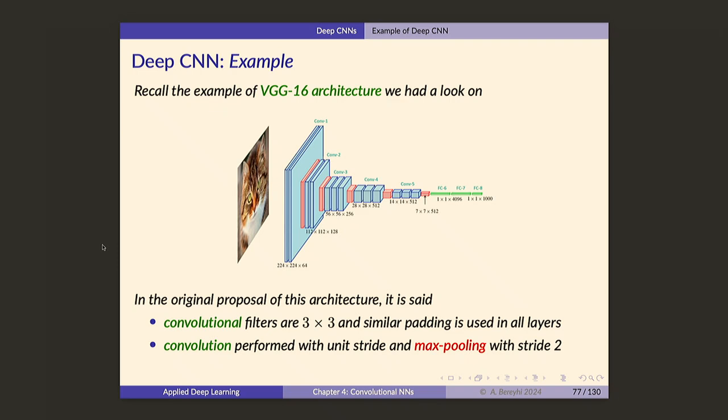In this particular one, the stride is 2. Then again I do 2 convolutions with stride 1, and again a pooling with stride 2. Then I do 3 convolutions, and then pooling with stride 2. And I keep on going until I get to those green ones.